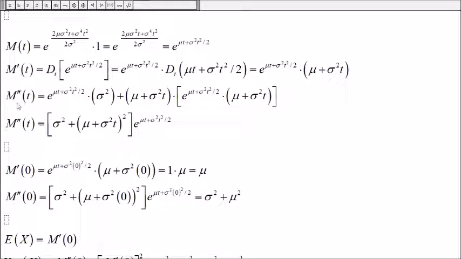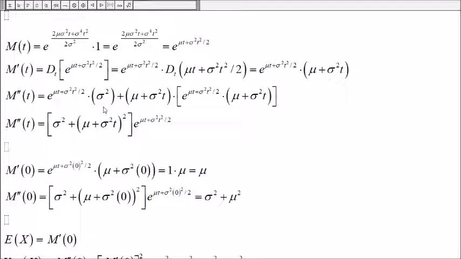Now let's do the second derivative. So the second derivative, we have a product. So it will be the first factor times the derivative of the second factor. The derivative of mu plus sigma squared t with respect to t is just sigma squared.